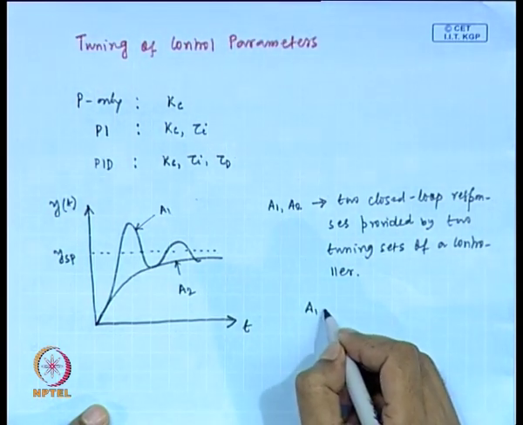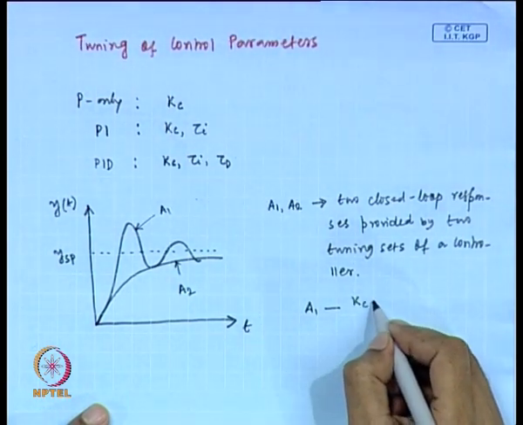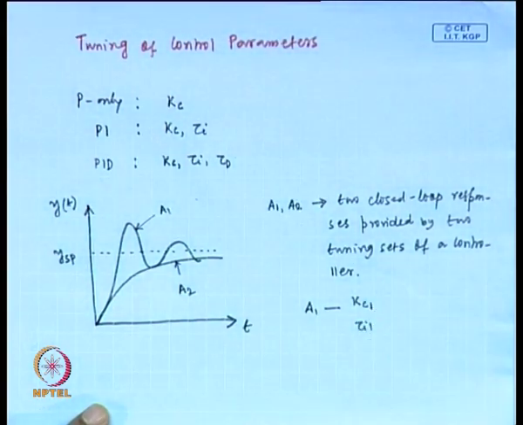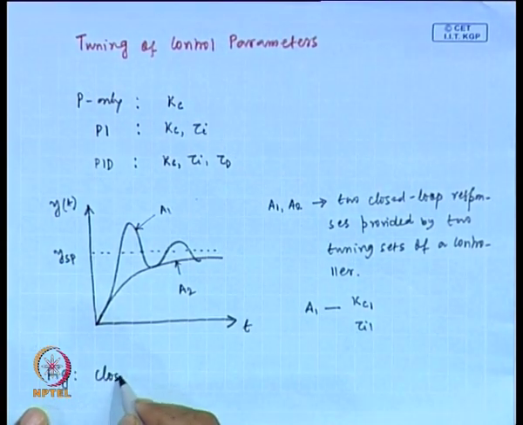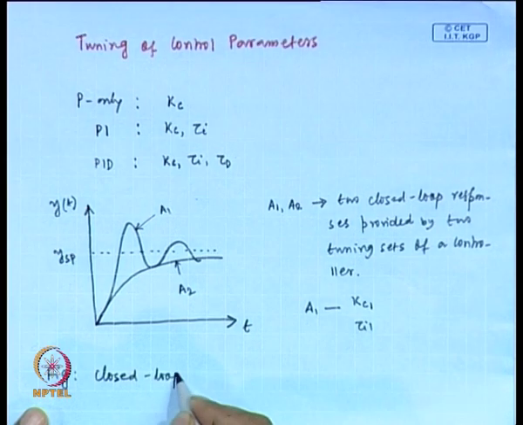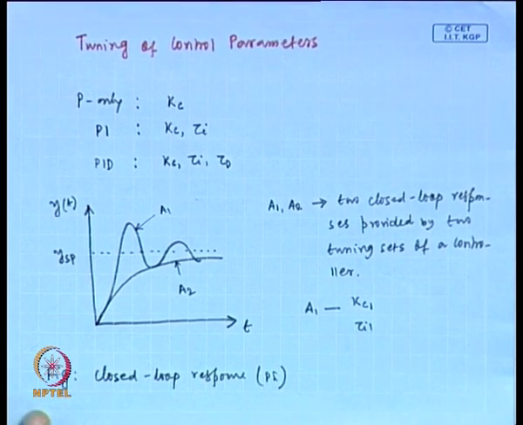Suppose this is the closed loop response of a process under PI controller. PI controller has two tuning parameters, one is Kc, another one is tau y.